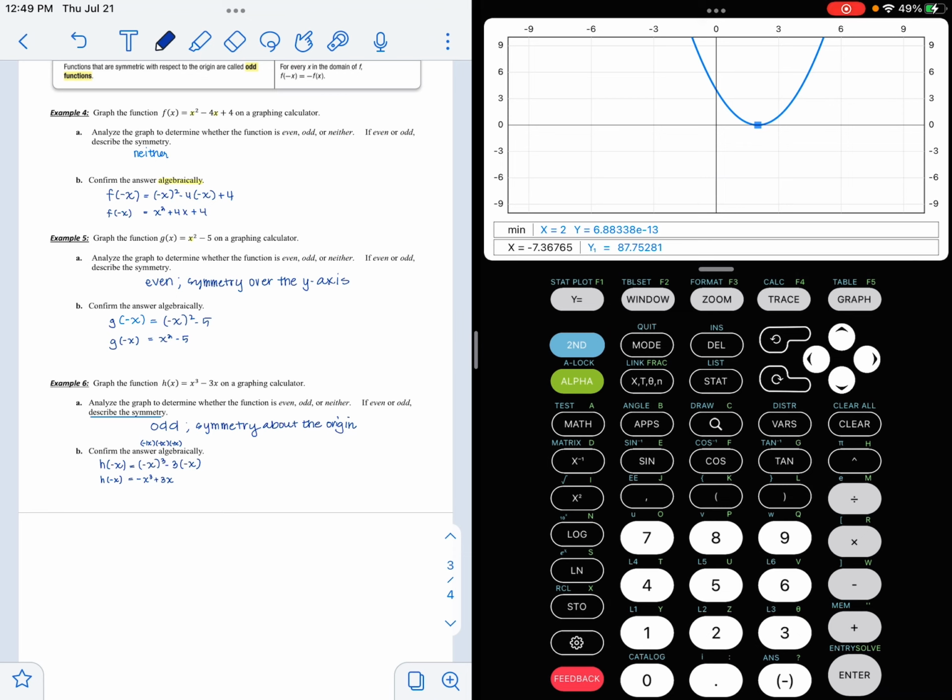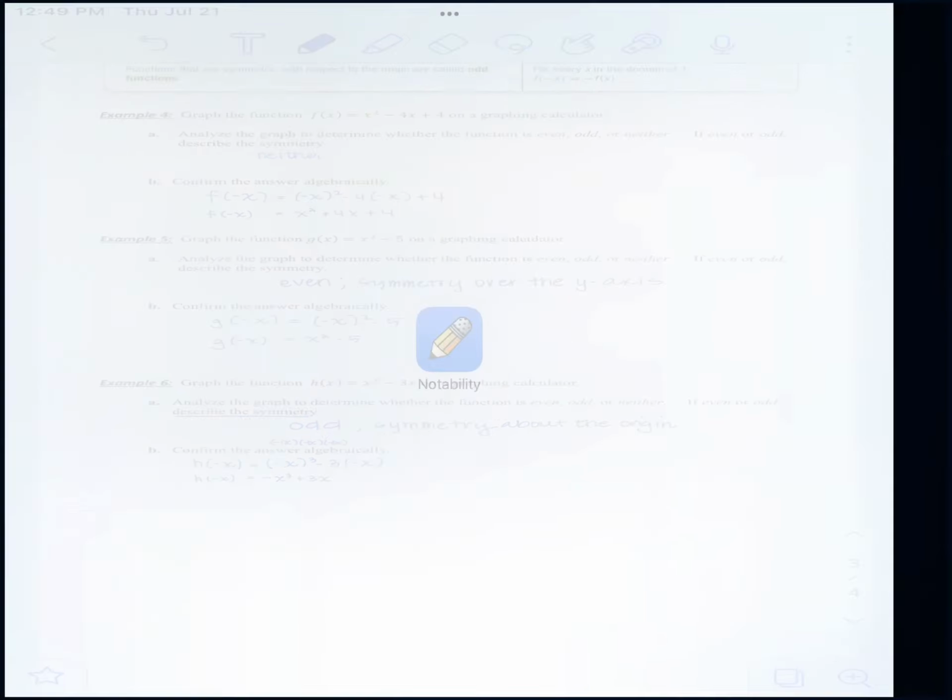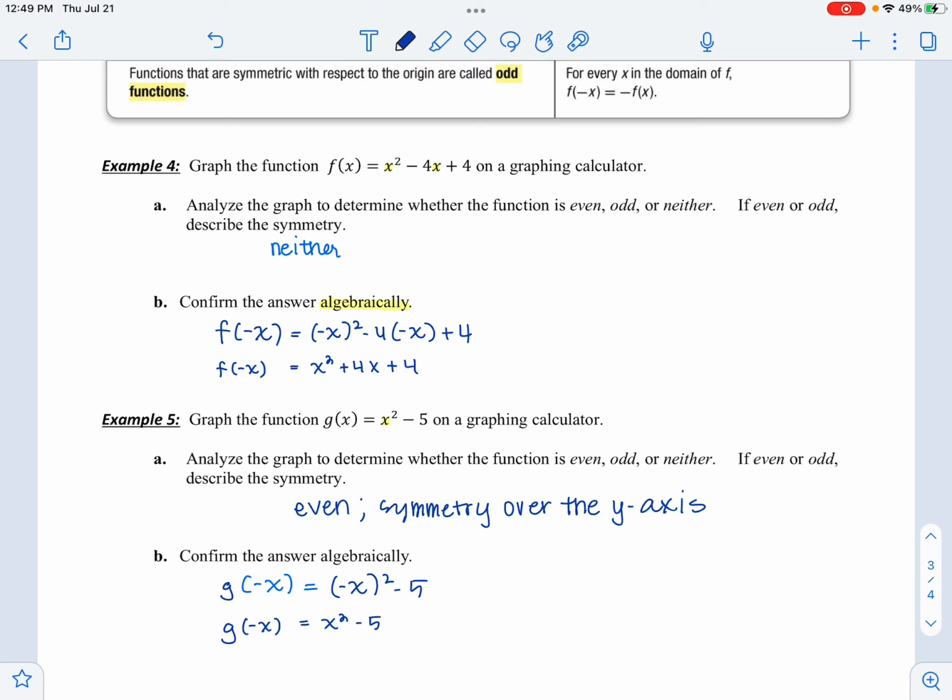This has symmetry over the line x equals 2, it looks like. It's just not symmetry about the origin or over the y-axis. So please don't say no symmetry. It has symmetry, but it's not even or odd because it doesn't have symmetry about the origin or over the y-axis.